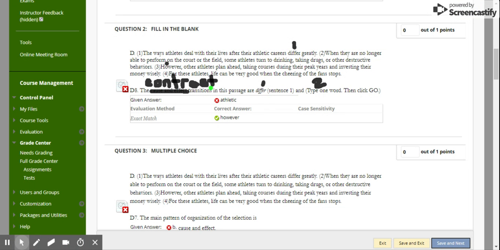Okay, sorry for the moments it takes for my software to transition. So in paragraph 1, it says, the way athletes deal with their lives after their careers differ greatly. Okay, so that means there are differences in the way that athletes deal with this. When they are no longer able to perform on the court or field, some athletes turn to drinking, taking drugs, or other destructive behaviors.